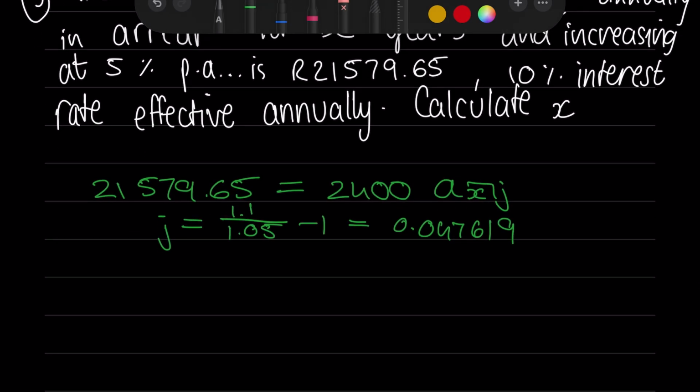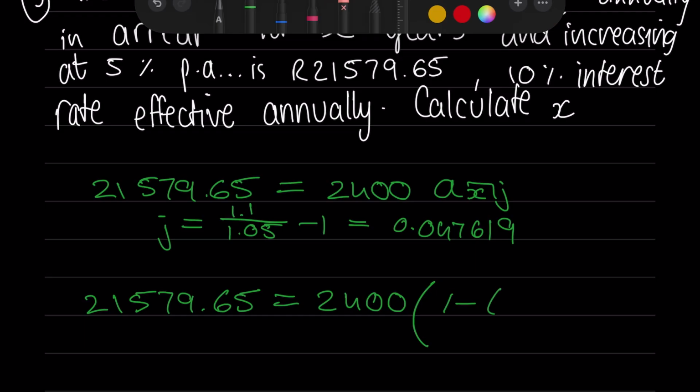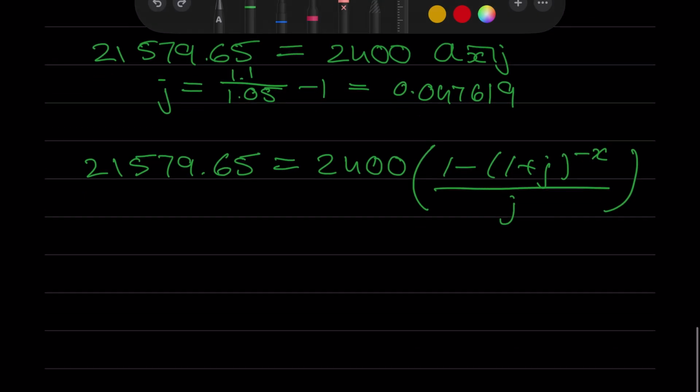So now that we have J, we can go back to this equation. I'll rewrite it: 21,579. This formula is 1 minus 1 plus J to the negative X, over J. I'm not going to rewrite J, that's a long number, but you know what J is.